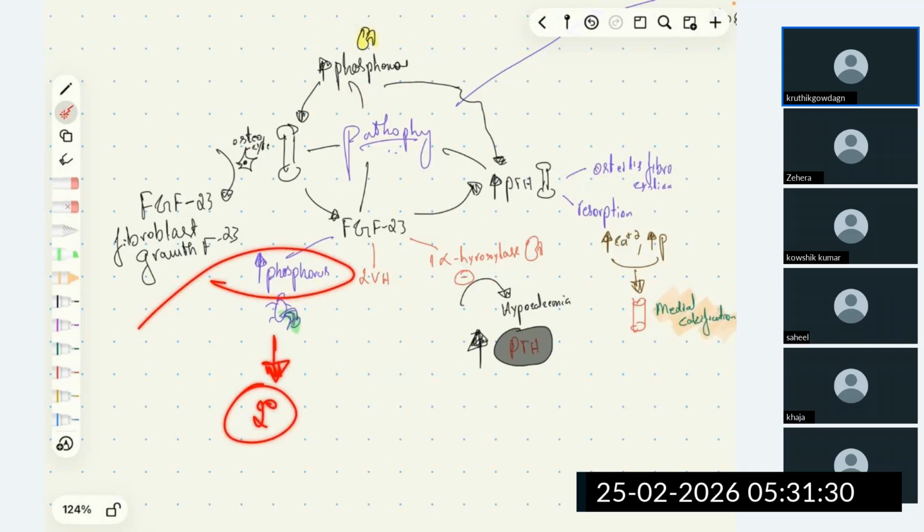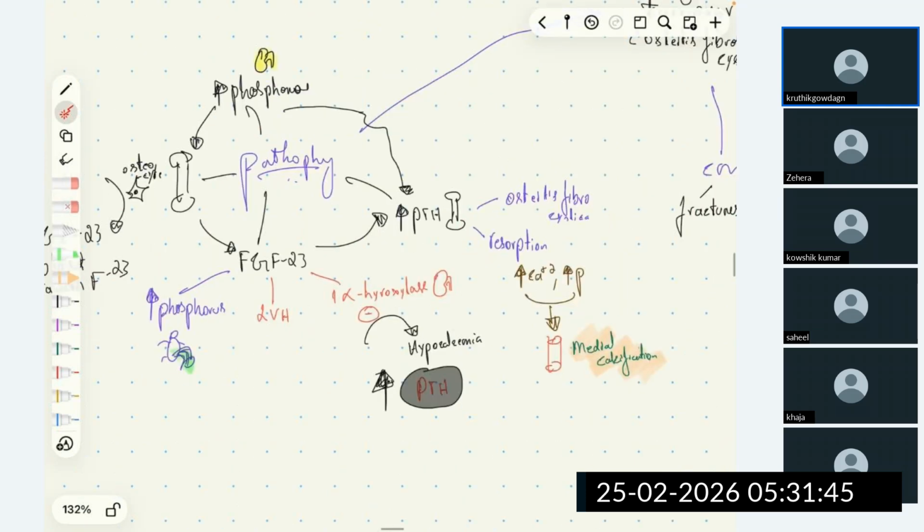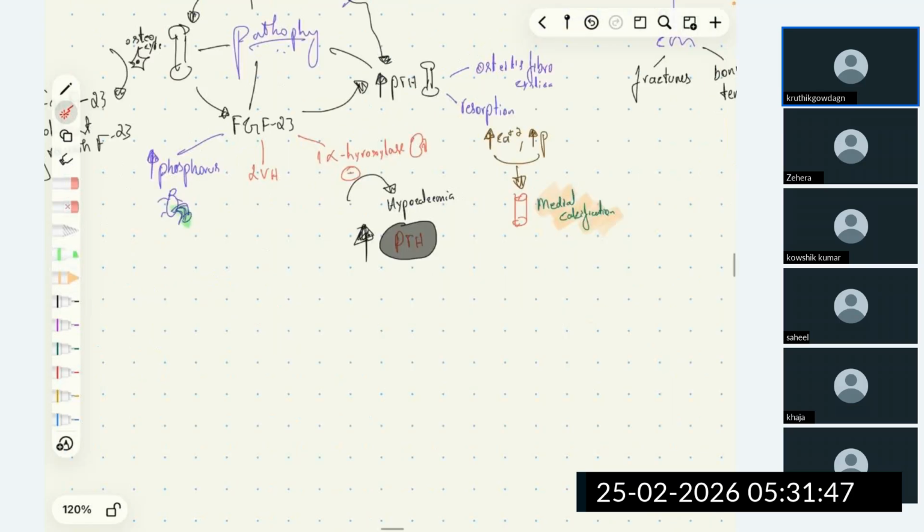We thought it was a hero. But at the cost of other serious diseases like left ventricular hypertrophy. And also, it inhibits 1-alpha hydroxylase. What does inhibition of 1-alpha hydroxylase do?